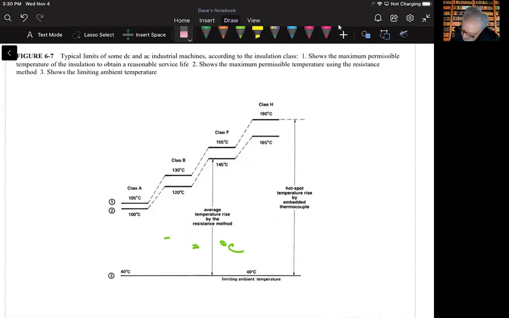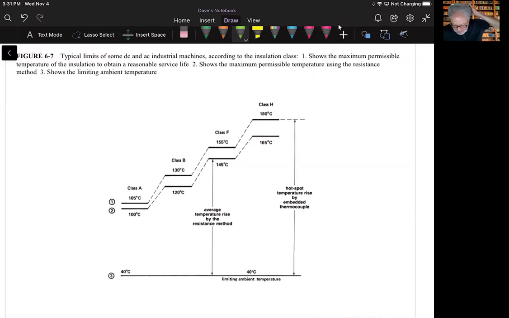That's the way it works. It's just two sets of different curves that we have access to. So for Class B hot spot, we'd be looking at 90, and for Class B average, we're looking at 80.